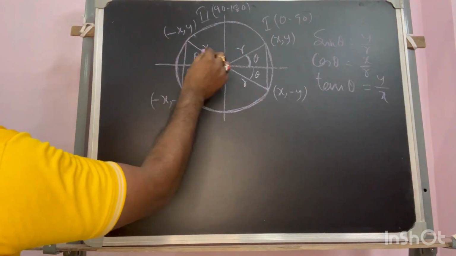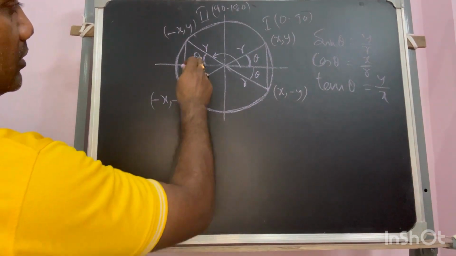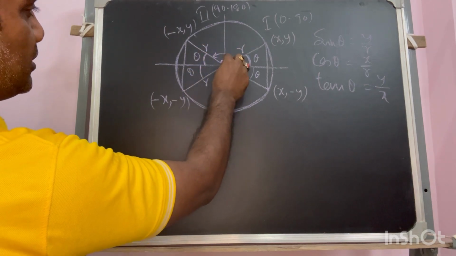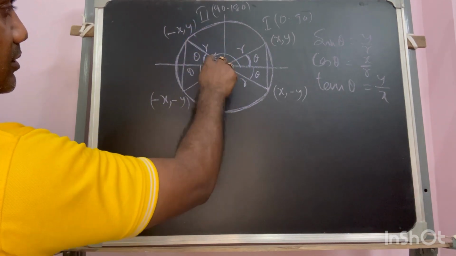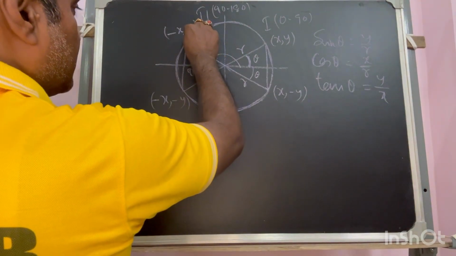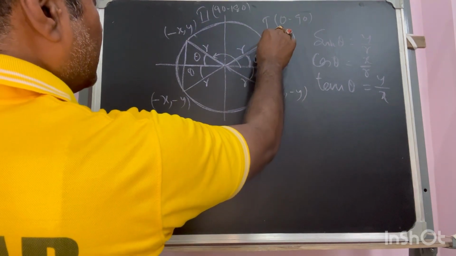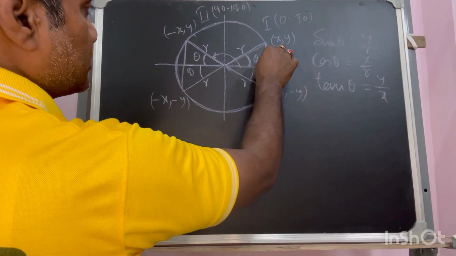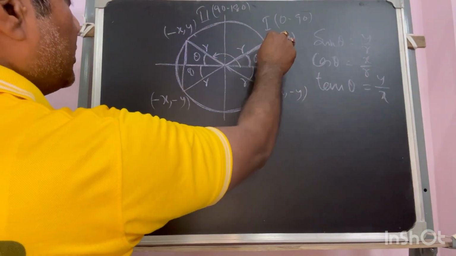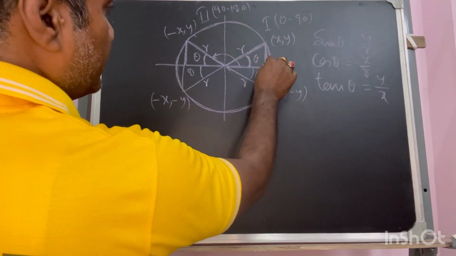Here this angle will be nothing but 180 degree minus theta. This arm is making the angle 180 degrees minus theta, whereas if I consider the congruent triangles, this triangle and this triangle, which resemble each other due to equality of angle, will be the same magnitude-wise.